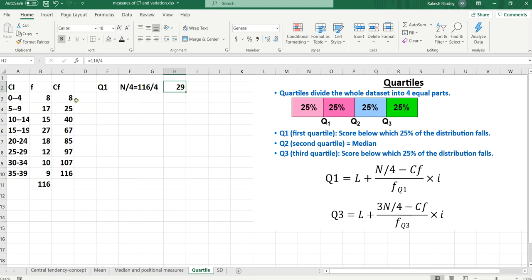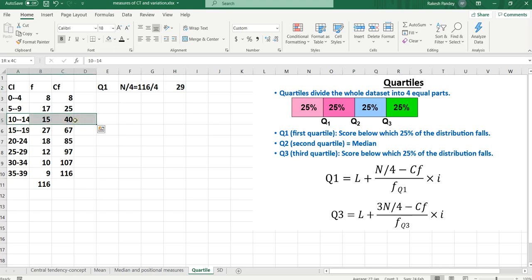Now we will locate the Q1 class. The 29th data is not lying here because only 25 data values are coming here. Now in the next class, starting from the 26th data value, 27, 28 and up to 40, all these data values are lying in the class interval 10 to 14.